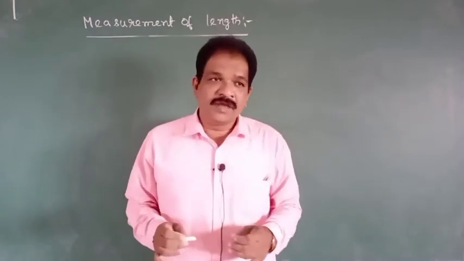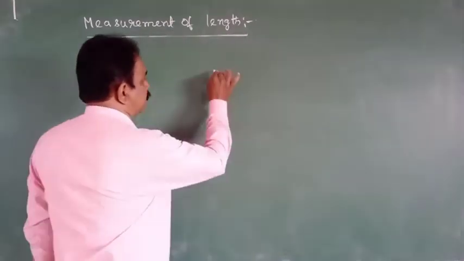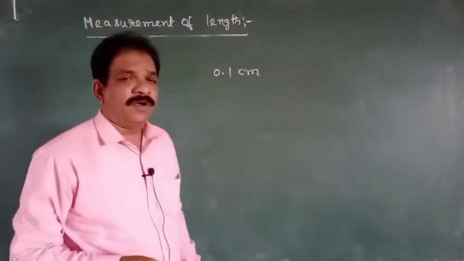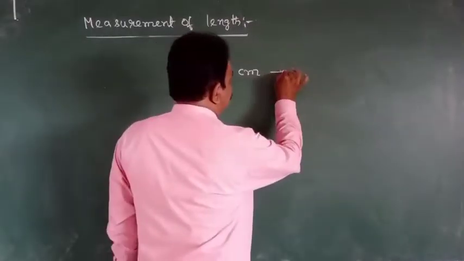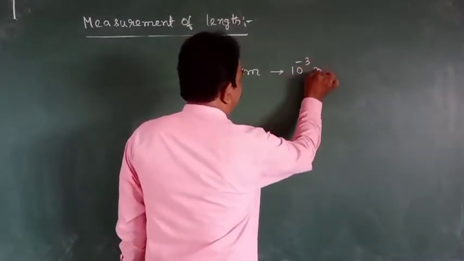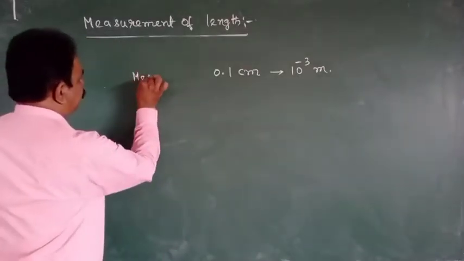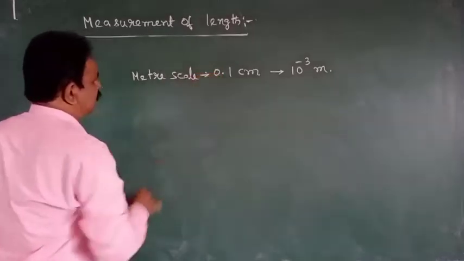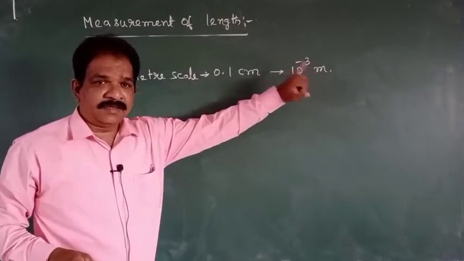What is the minimum value we can measure using that scale? It will be 0.1 centimeter. If you convert this into meter, it is 10 power minus 3 meters. So the minimum value we can measure using the meter scale is 10 power minus 3 meter.